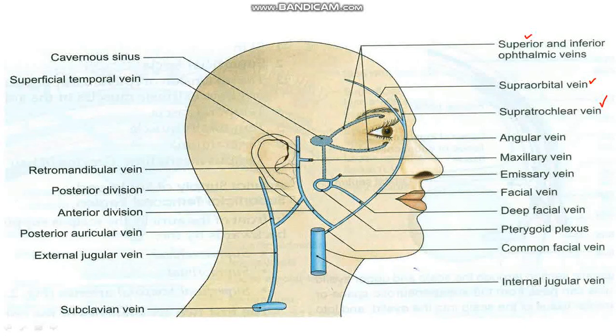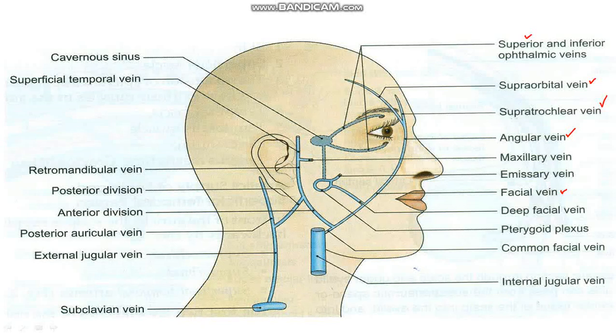Both these veins unite just lateral to the root of the nose, forming an angular vein. This angular vein drains into the facial vein, which drains into the internal jugular vein.